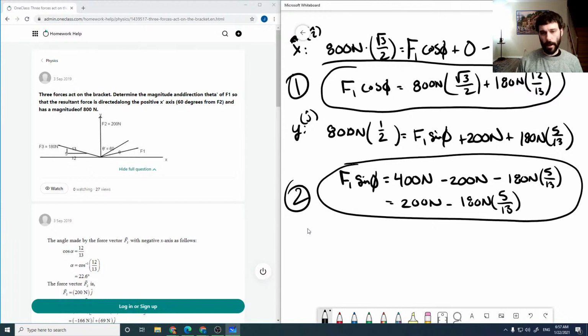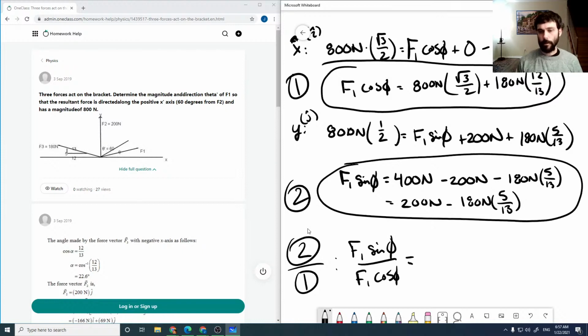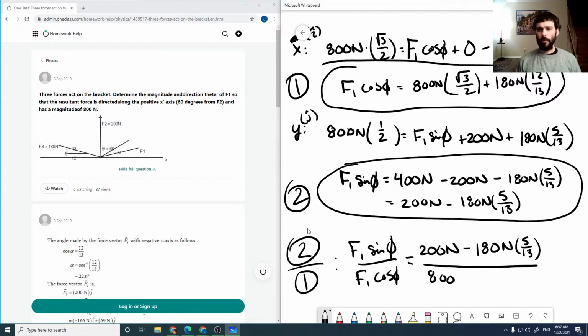And I'm just going to divide the second equation by the first equation, which will give me F1 sine phi over F1 cos phi equals 200 newtons minus 180 newtons times 5 over 13, over 800 newtons root 3 over 2.